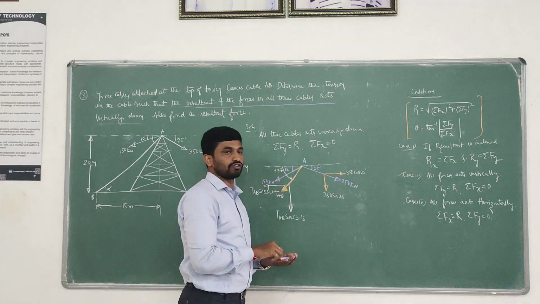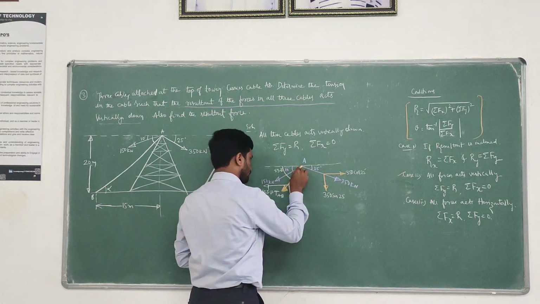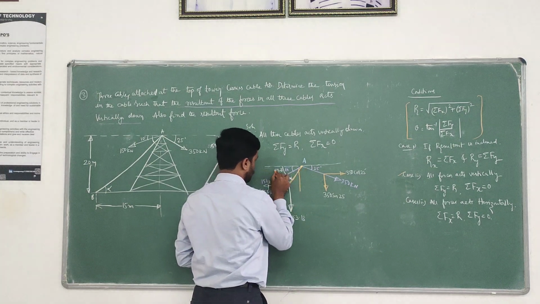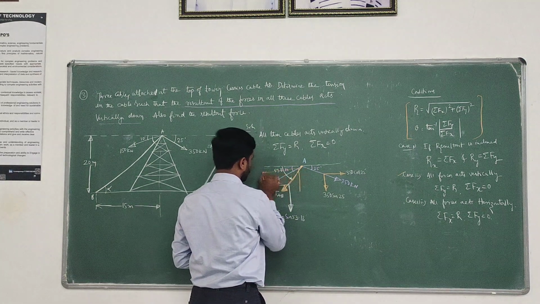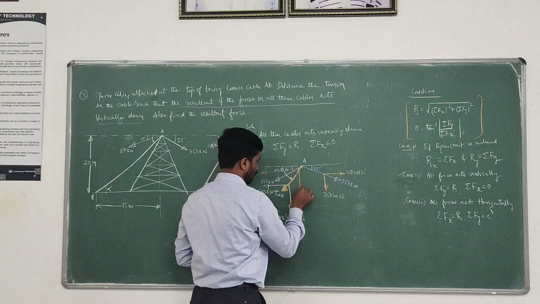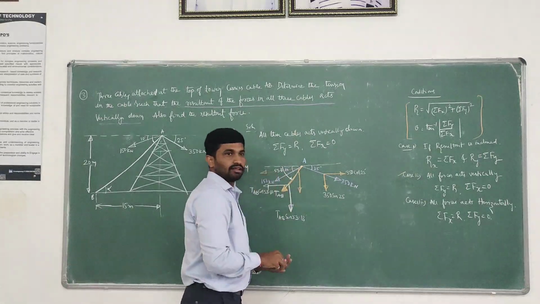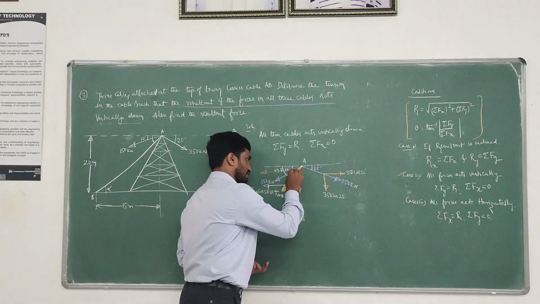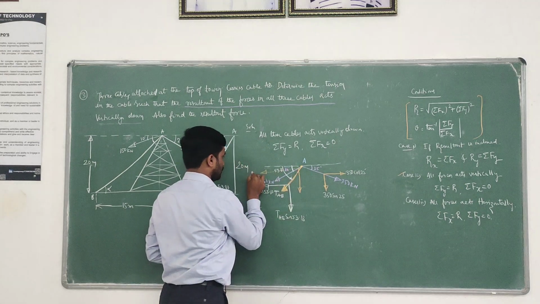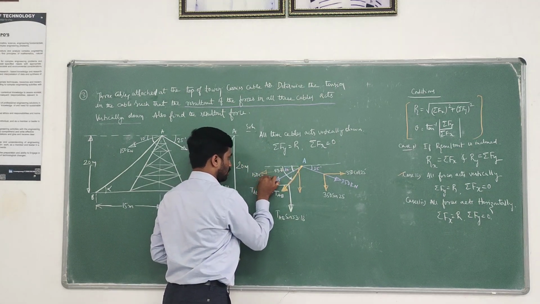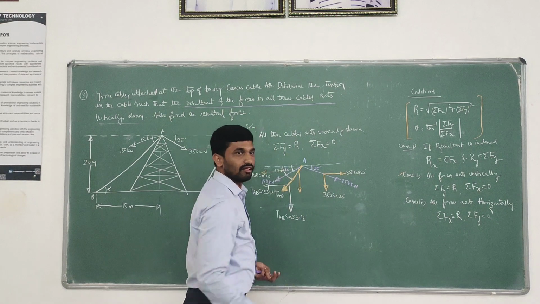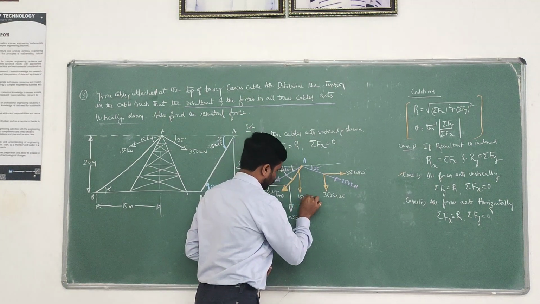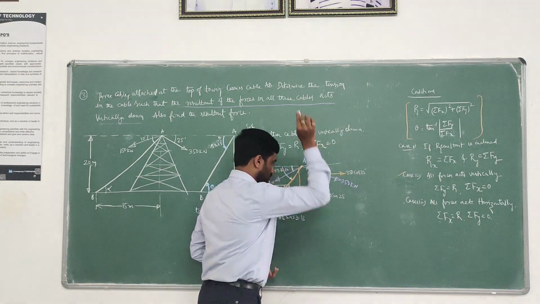Come to the third force. This is also acting away. Next, the angle of inclination is 10 degree. It will become 150 cos 10 and the vertical will become 150 sin 10.